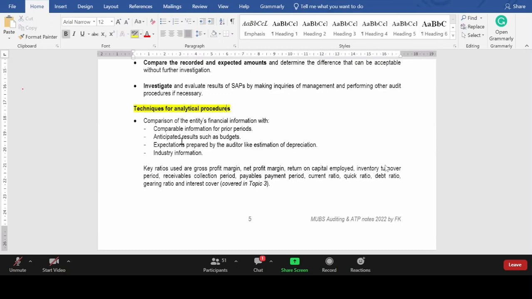You can also compare the entity's financial information with comparable information for prior periods. So you're comparing the current period and the prior period. The year is 2022. Then you have 2021. So did the expense increase or decrease?